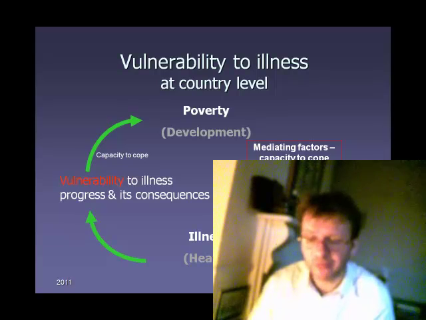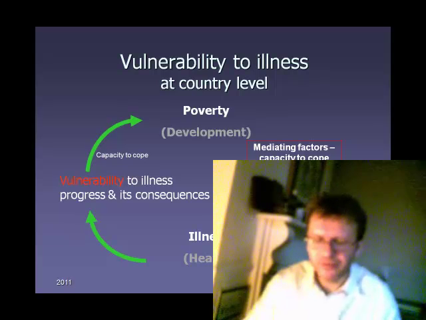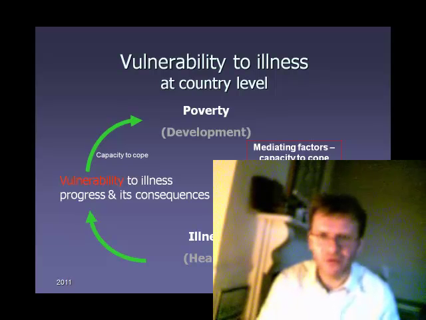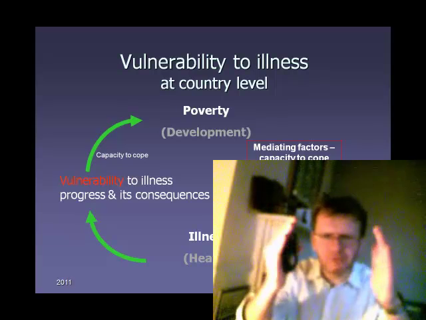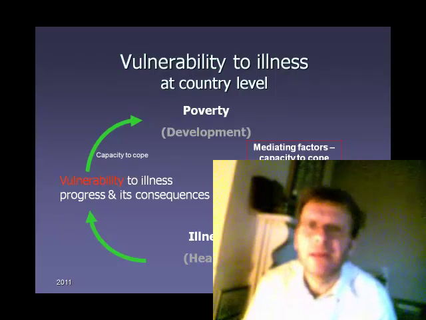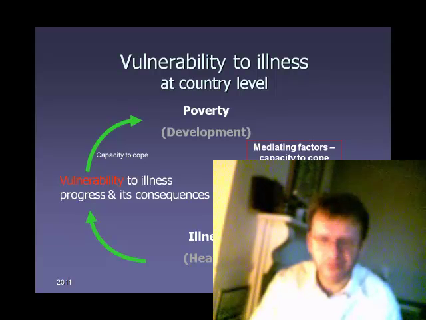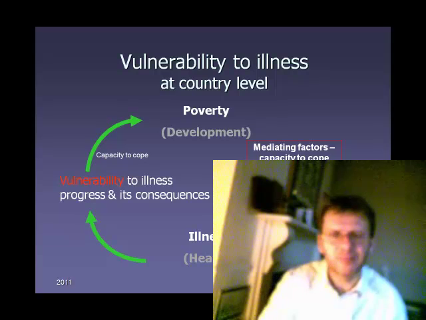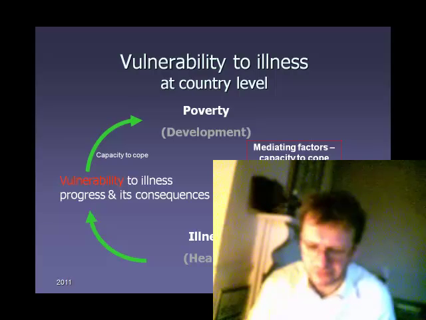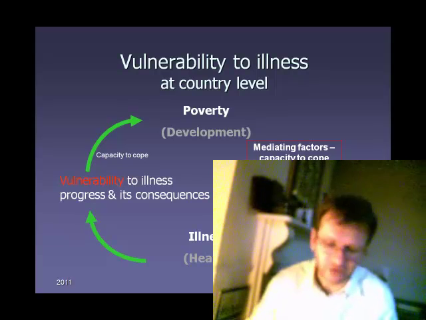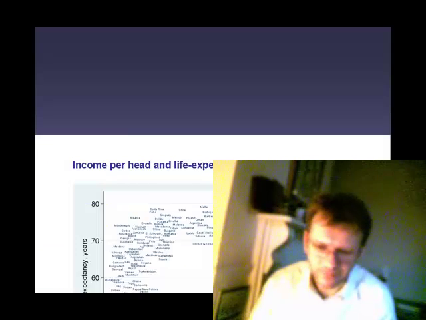The types of service provision. Is it providing primary health care at the very grassroots to enable people to access care, or is it concentrating a lot of resources at the top of the health system in hospitals? That can be important, but for the vast majority in poor societies, it's primary health care that's important. And the political context can also be crucial here.